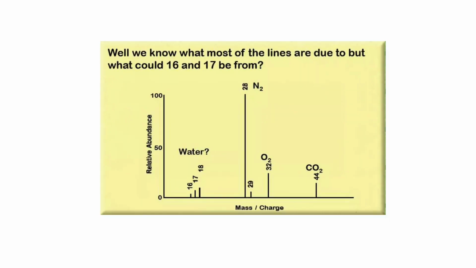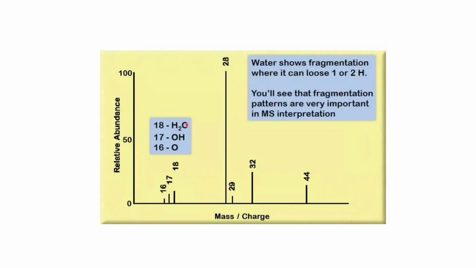So we know that most of the small lines could be because of isotopes, but what could 16 and 17 be from? These fragments could indicate water, and water shows fragmentation where it can lose one or two hydrogen atoms.